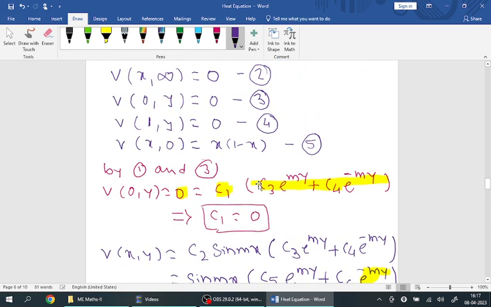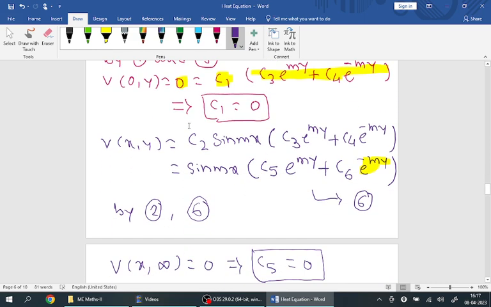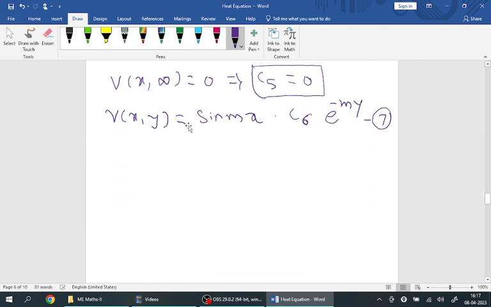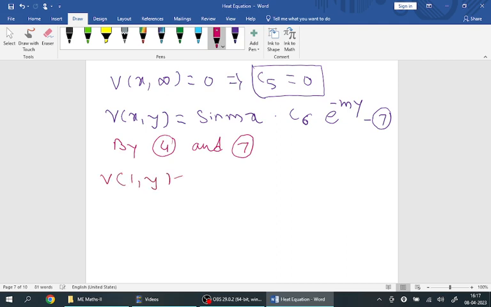Now we are going to apply the condition number 4, which is v of 1 comma y is 0. That is condition number 4. So by 4 and 7, what is the 4? V of 1 comma y is 0.